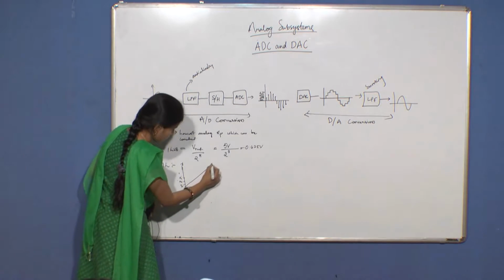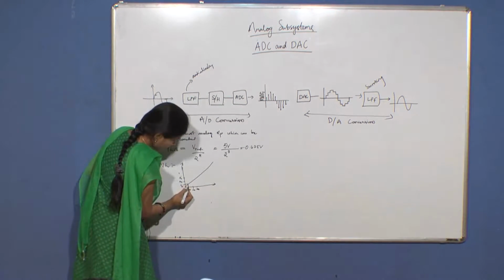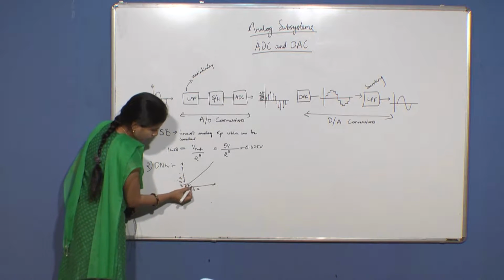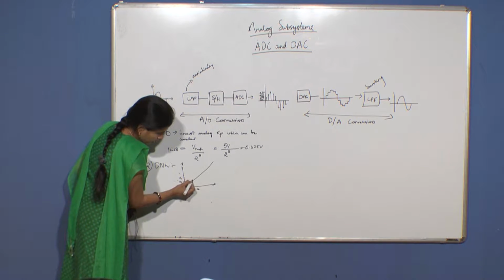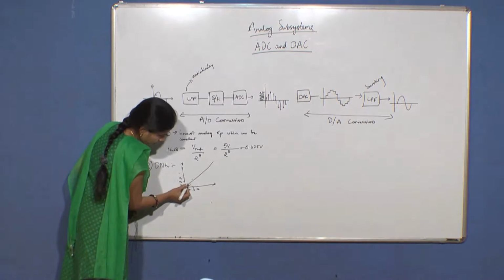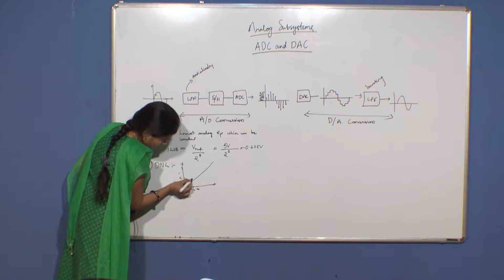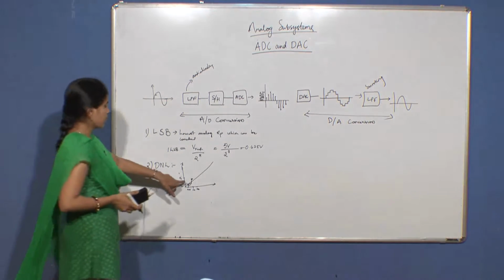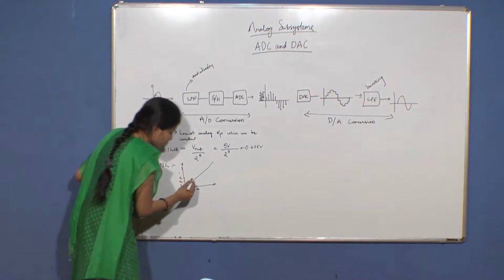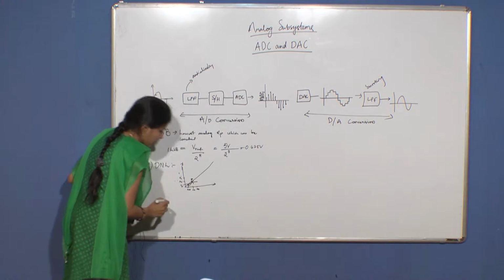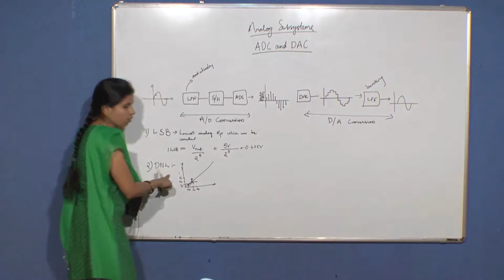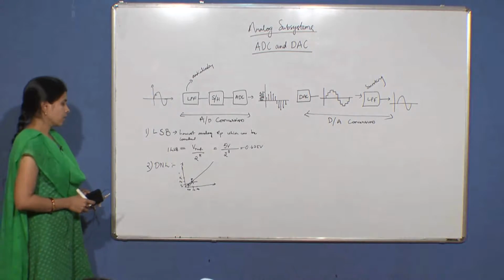So this is the ideal step width, and if your ideal step width is deviated, the non-ideal values of your digital word deviate from the ideal step width. So the difference between the ideal and non-ideal values is called the differential nonlinearity.